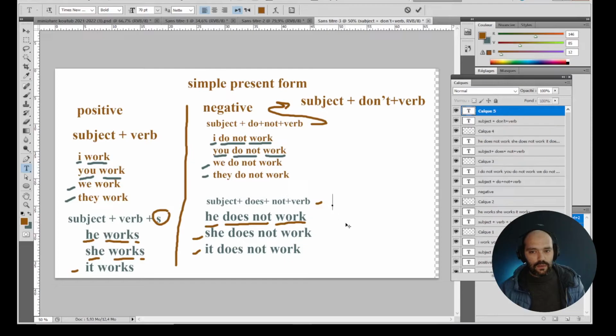And here we form like this: subject plus doesn't plus verb.